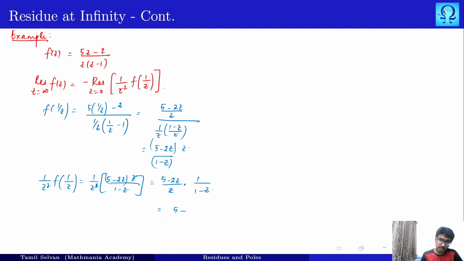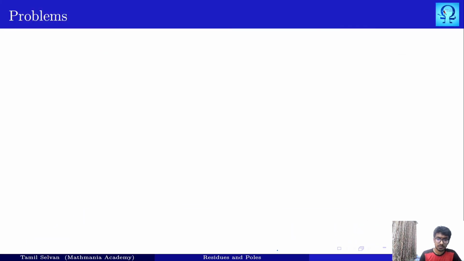So the first is 5 upon z minus 2 multiplied with 1 upon 1 minus z. When we expand this in the Laurent series, we get 1 plus z plus z squared, etc. It goes this way. So this is 5 upon z plus 3. So when we multiply this with this, we get 5, and here do the calculations. It is quite simple. So this is the thing that we are getting, and this is valid in this region. Okay.